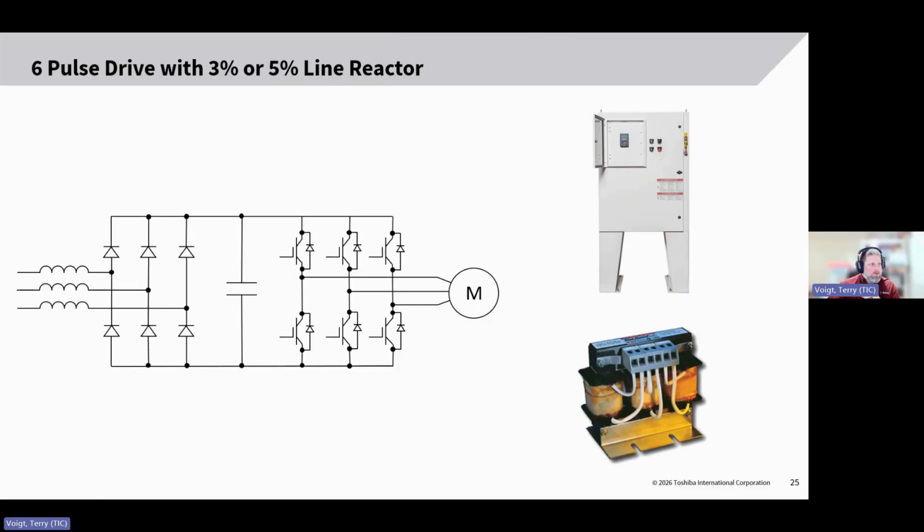Yeah, so I'll reshare my screen here just so we can see what they're talking about. So this is the line reactor schematic. I'll turn my pointer on. So this part right here, that is the line reactor that we're talking about.